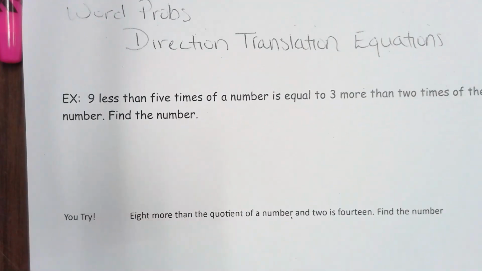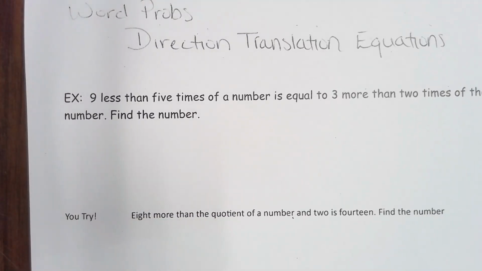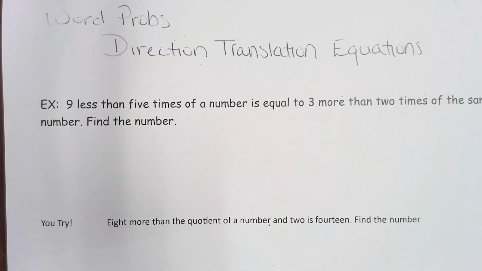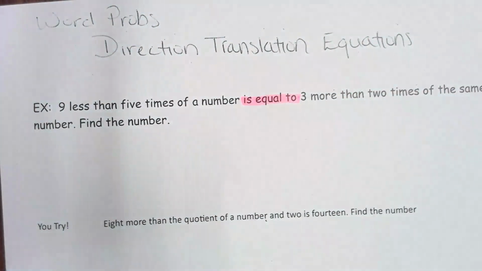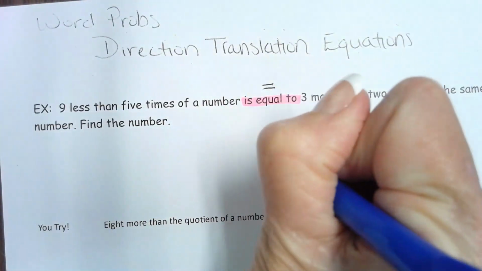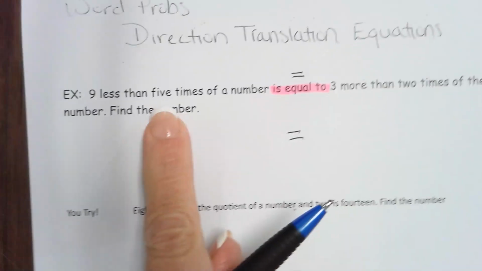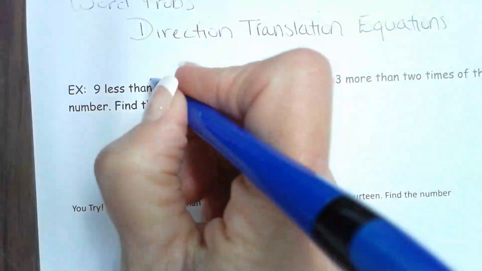Okay, so here we go. 9 less than 5 times of a number is equal to 3 more than 2 times of the same number. Y'all, I love to find where the equal sign goes first. It's going to go right there, is equal to. Now what comes before it? 9 less than 5 times the number. Tell me about less than.